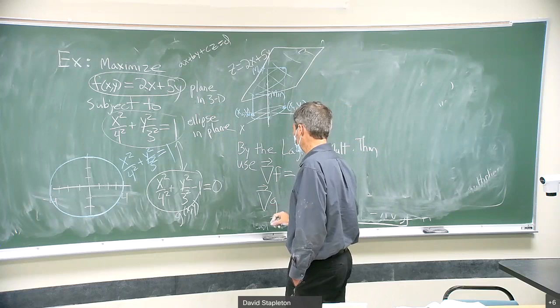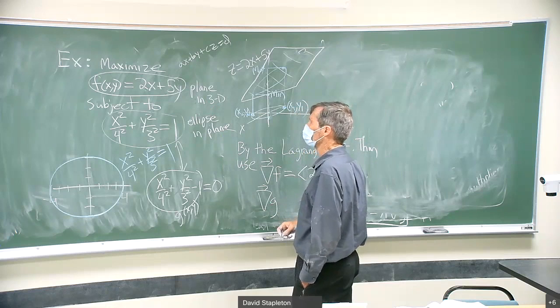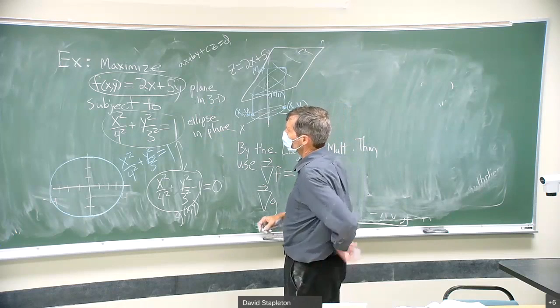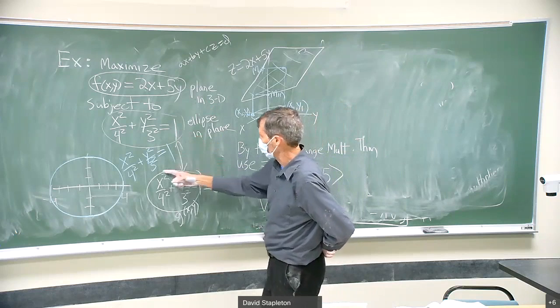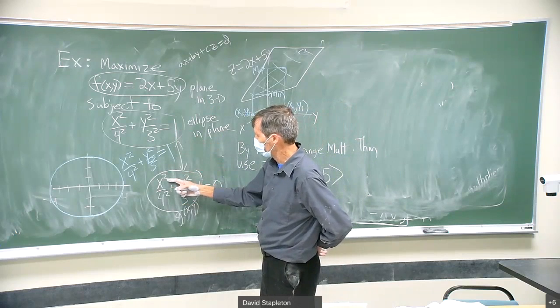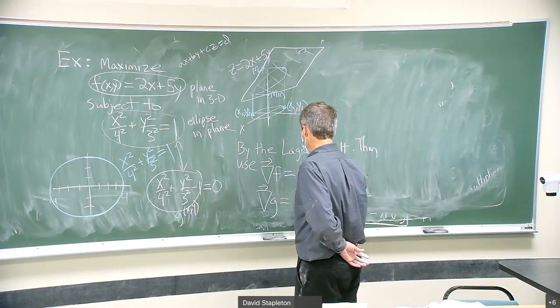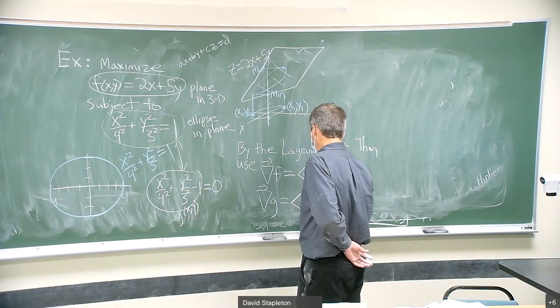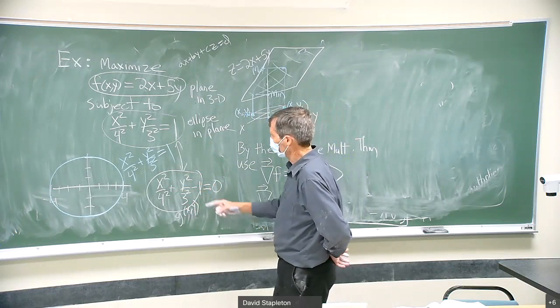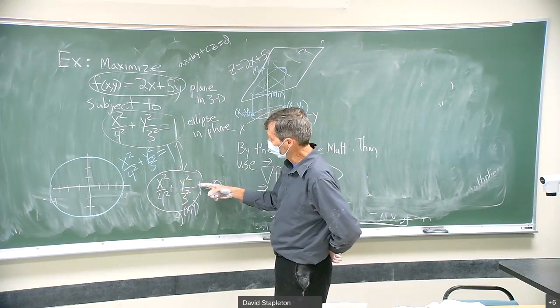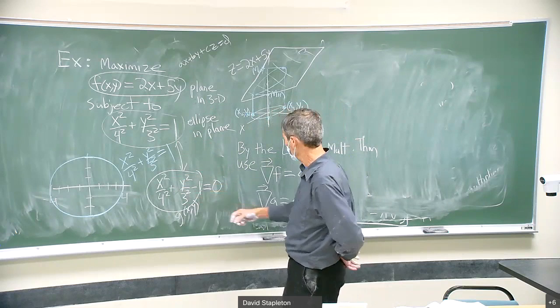We're going to set one equal to a multiple of the other. So what's the gradient of g? If this is g of xy, partial with respect to x is 2x over 16, which is x over 8. And then partial of this function with respect to y is 2y over 9.